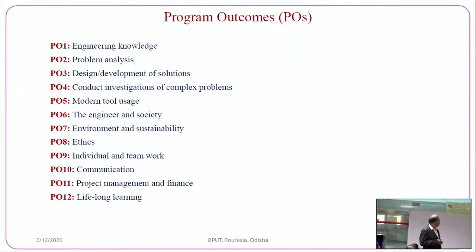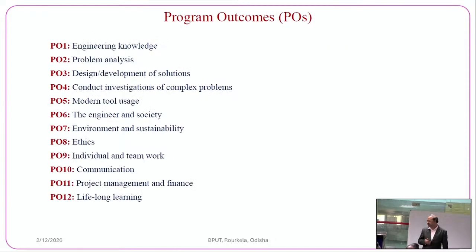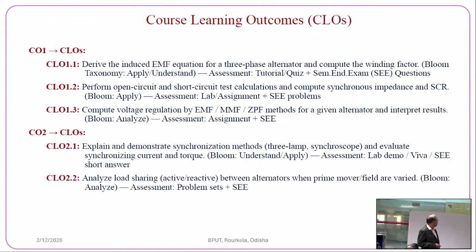The syllabus, everything you know, POs you know. Now whether PO 12, probably now it is PO 11, and 3 PSOs. So these things you know already. 5 COs are defined for the course, and these are course learning outcomes, according to your Bloom's taxonomy.